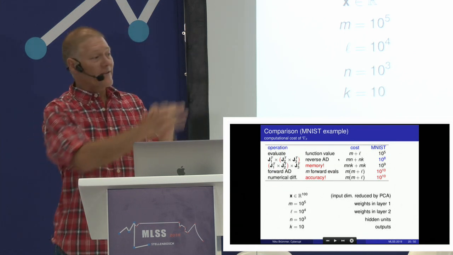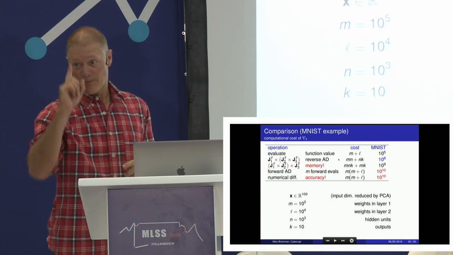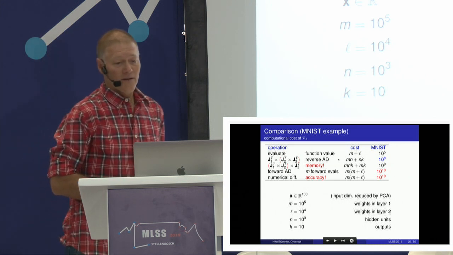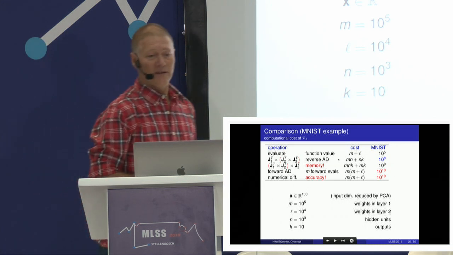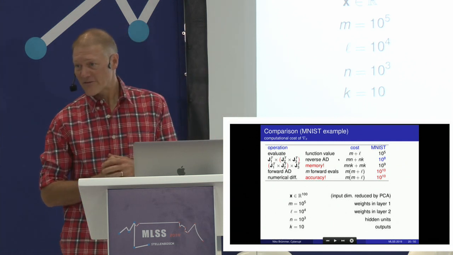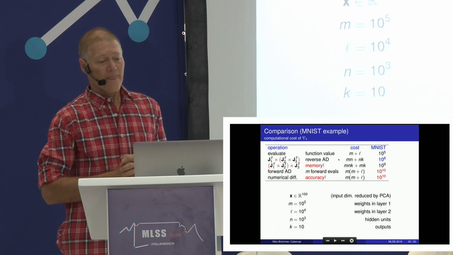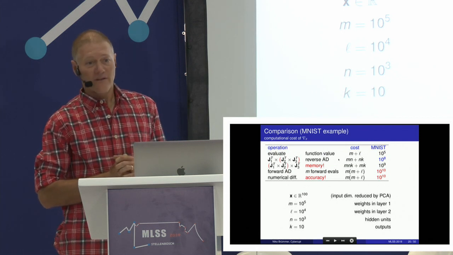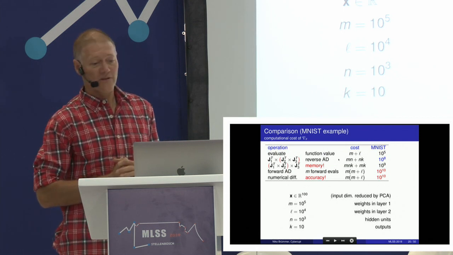If you just evaluate the function value, that's for one data point, one digit, then the cost is going to be roughly 10 to the 5. If you do reverse mode automatic differentiation, the fast way to do it, then the cost is going to be proportional to 10 to the 8.